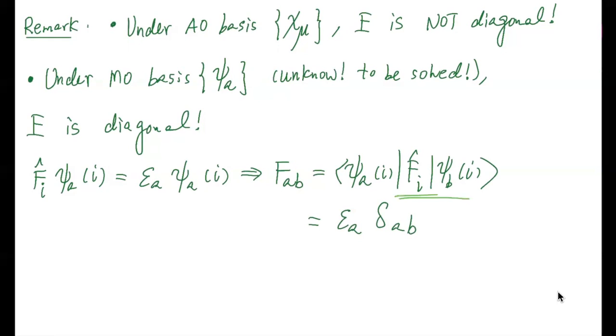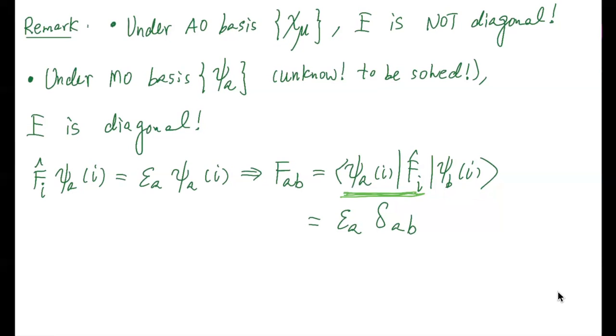Because this part, F_i times psi_B(i), is epsilon B psi_B(i). Or if you look at this part, psi_A(i) F_i is epsilon A psi_A. Rigorously, it's epsilon A complex conjugate, but this is a real number, since we're using real functions here. So epsilon A complex conjugate is just equal to epsilon A.